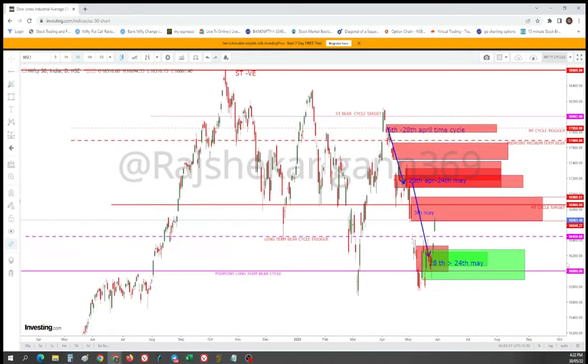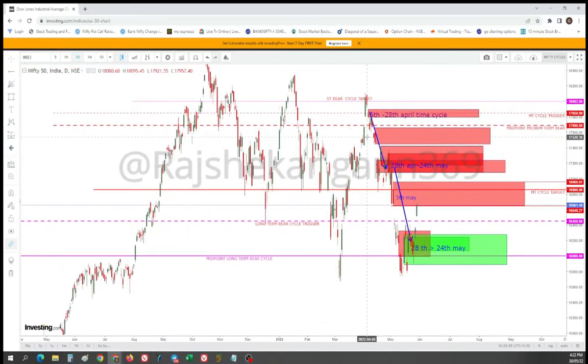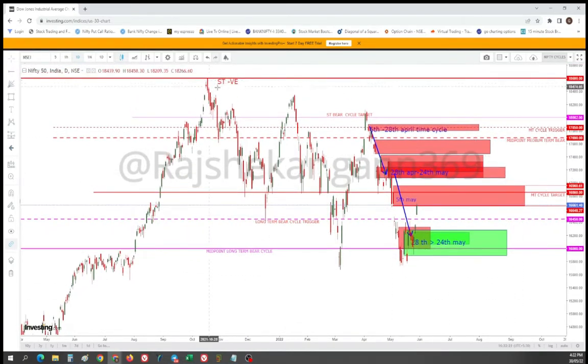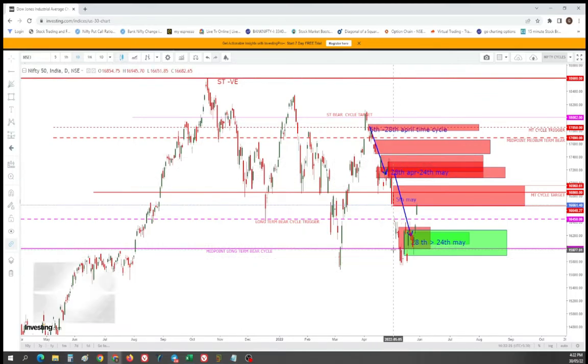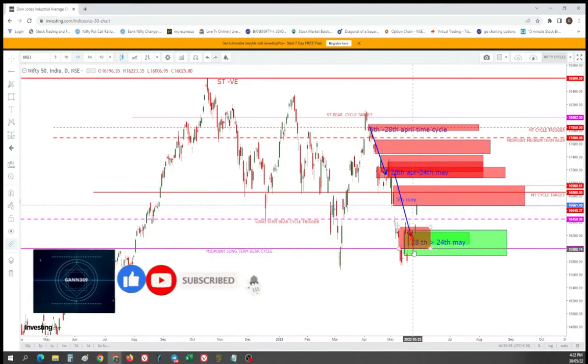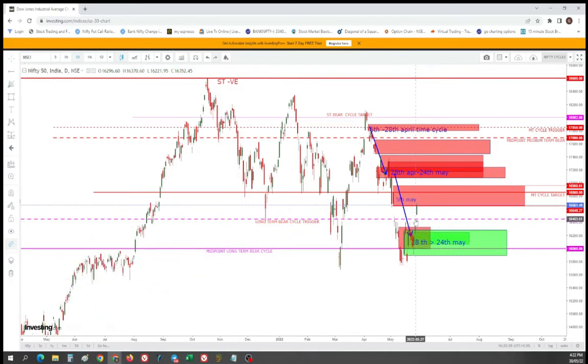Now at current market price, what is happening? From this high, we took support at the midpoint, which paused the fall, and from there we are back inside the medium-term bear cycle.